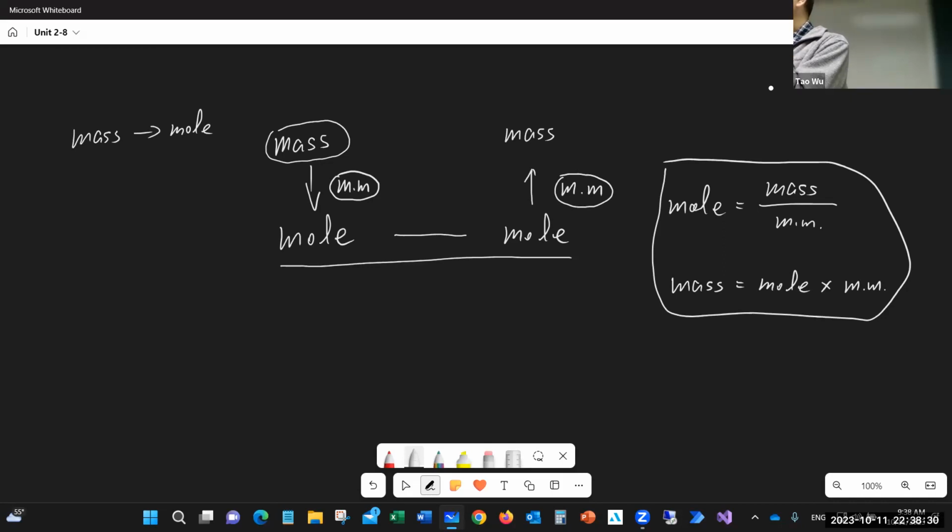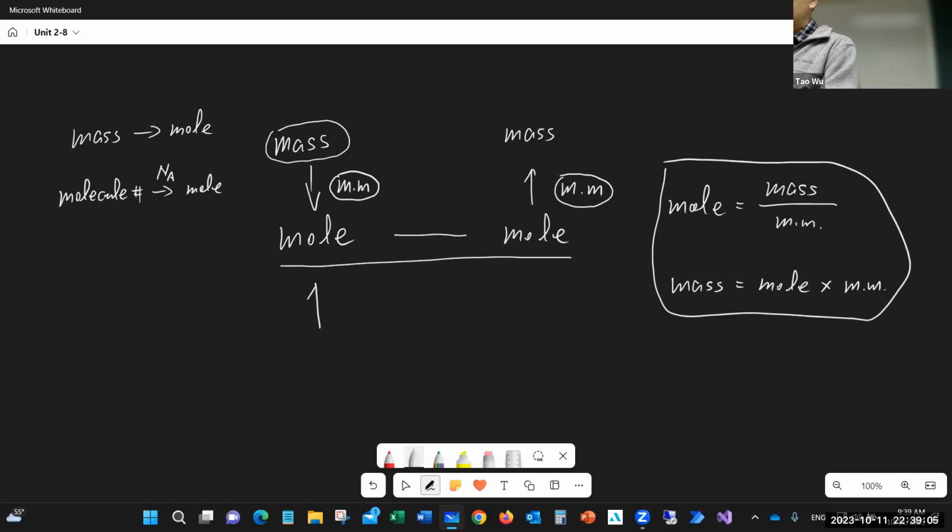Still remember? Molecule numbers, right? Or atom numbers. Molecule numbers can also convert to mole, because in this case we're just using Avogadro's number to convert between them. Because 1 mole of a substance has 6.02 times 10 to the 23rd of those particles. That makes sense, right? So if you know the molecule numbers, you can also figure out the mole.